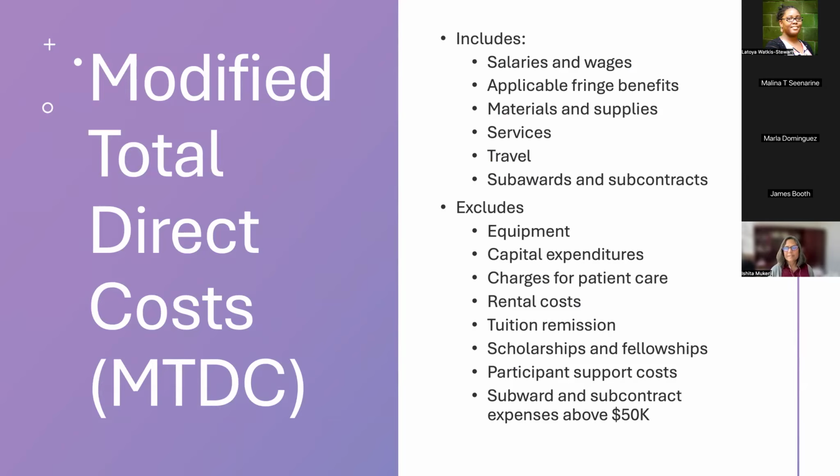Can you guys hear me? Yes. Okay, because our negotiated rate was applied before the CFR, the new federal guidance, came into effect, our rate was negotiated at the time when it was $25,000 for subawards.